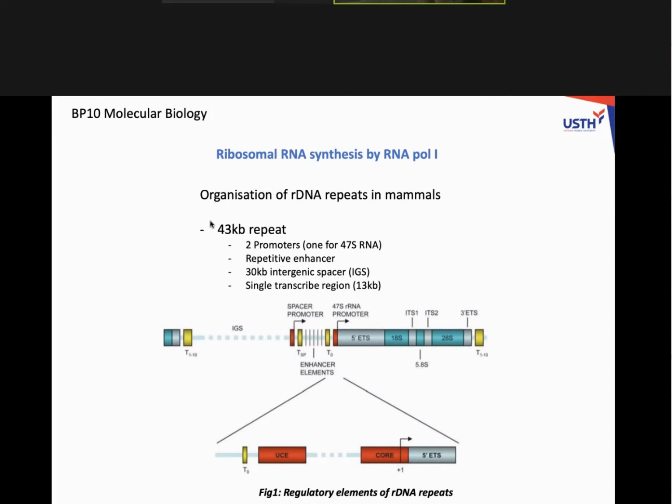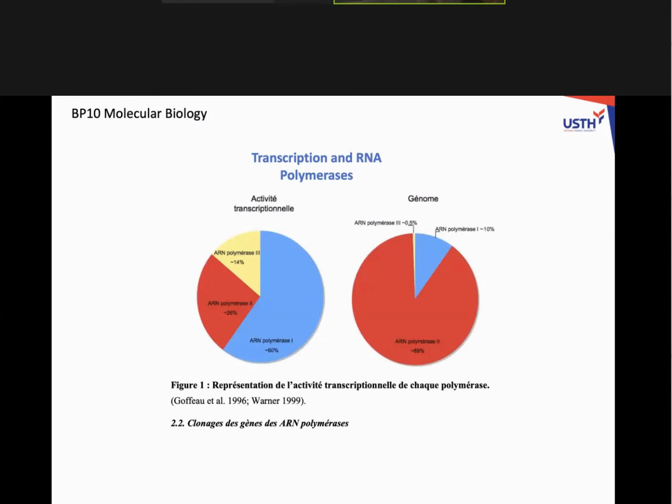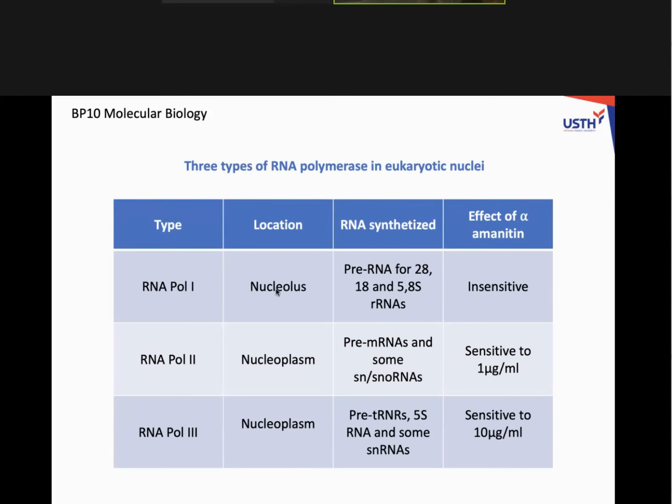All these bits of DNA, where do you find them in the nuclei? Do you have an idea? Remember what we said. Pol1 is in the nucleolus, the enzymes, okay?